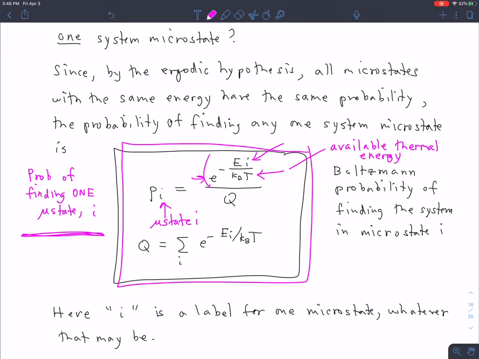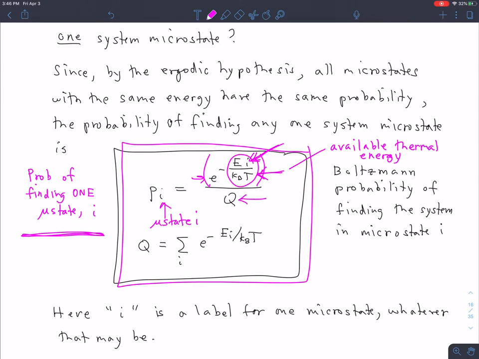So the numerator in this probability is just an exponential in the ratio between the amount of energy that it takes to create microstate i and the available thermal energy. That has lots of implications. We'll talk about that later.